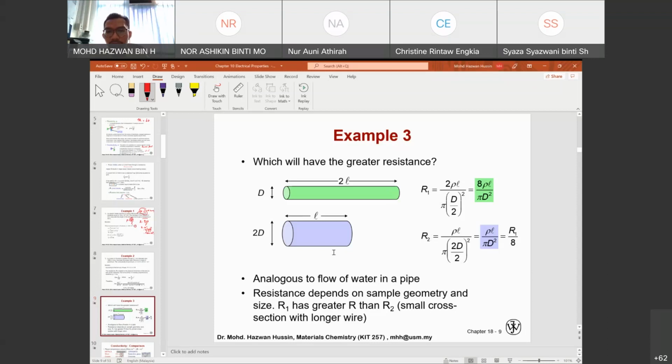Meanwhile, for rod number 2, it is around 1/8 resistance as compared to R1. And obviously, this is smaller than this one. This is 8 and this one is 1/8. And obviously, we know that smaller resistance will have a higher conductivity, but greater resistance will give a low conductivity, right?